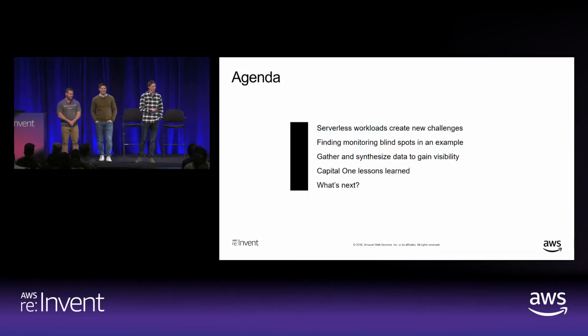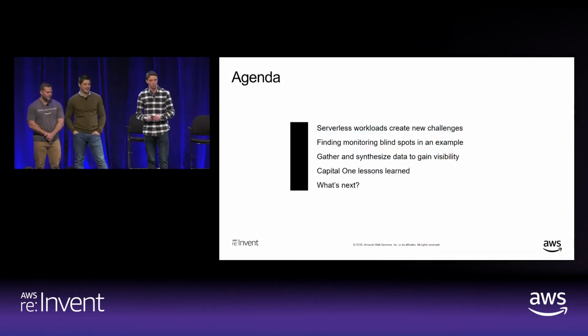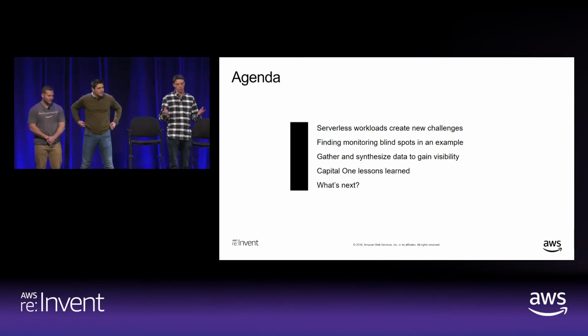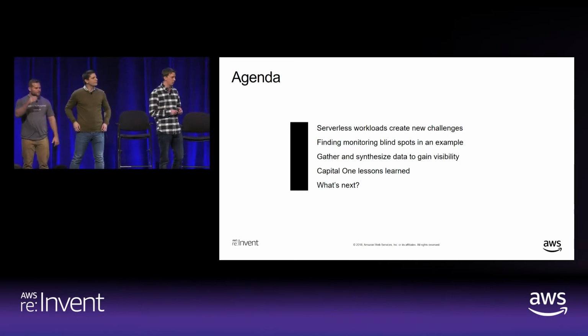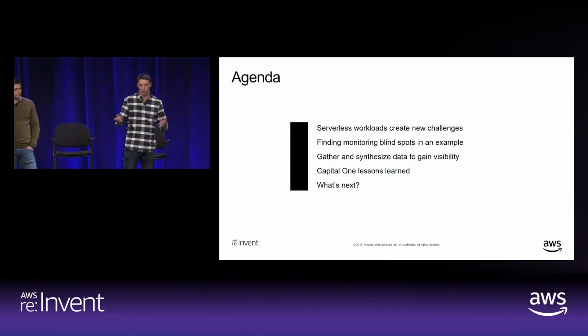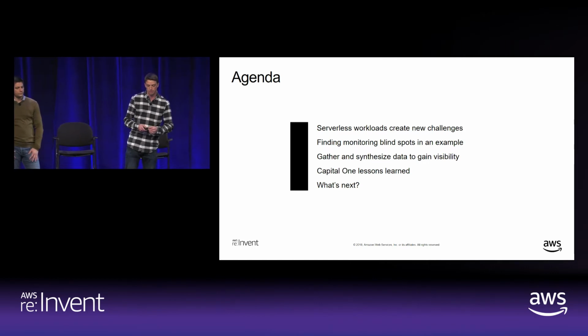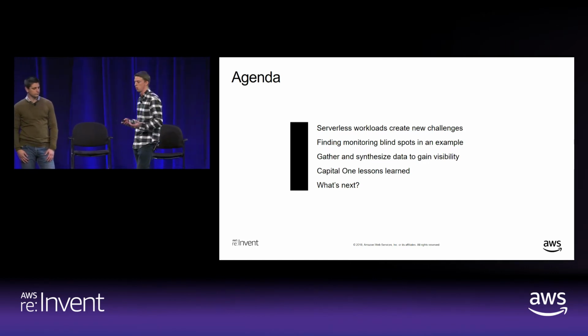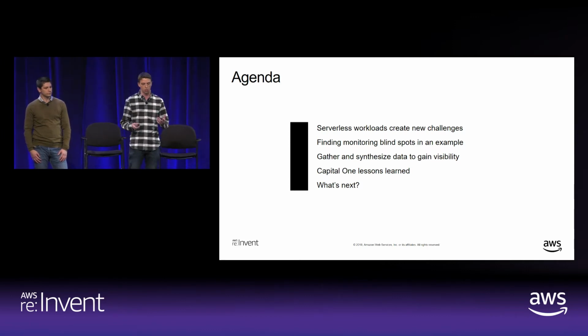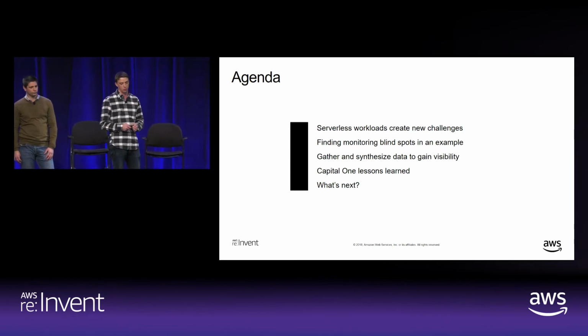All right, so with that, let's get started. To go through a quick agenda about what we're going to talk about, we're going to talk about basically the new challenge that's introduced by serverless, specifically Lambda and managed services. Finding monitoring blind spots, like how does the evolution of workloads in the cloud using serverless lead to blind spots that traditional monitoring tools might not solve for.